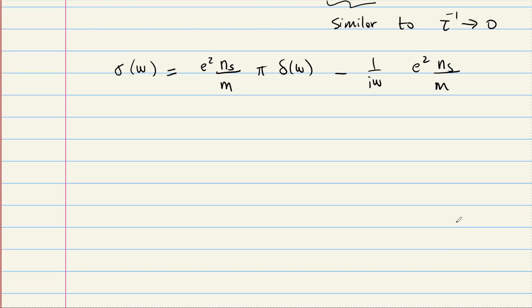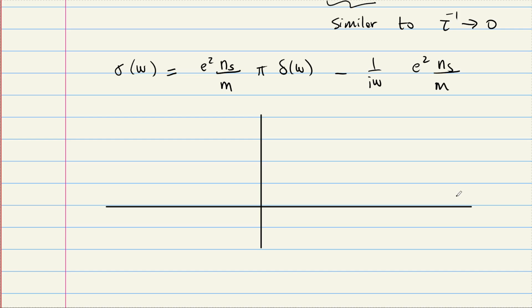And incidentally, if you look at the experiments, this is the experimental result. This is sigma of omega, this is omega. Actually, let's draw the real part of sigma of omega.